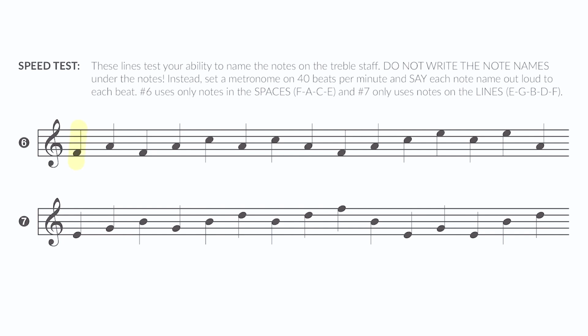Touch the note, F, A, F, A, C, A, C, A, F, A, C, E, C, E, A. All right, so it's just a bunch of notes all spread over the staff, all in spaces, just getting very used to reading the spaces of the treble staff.